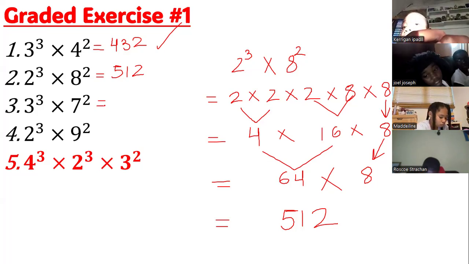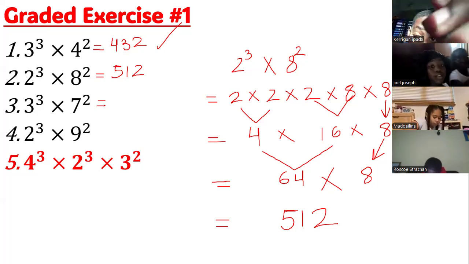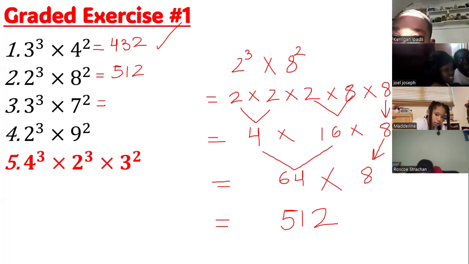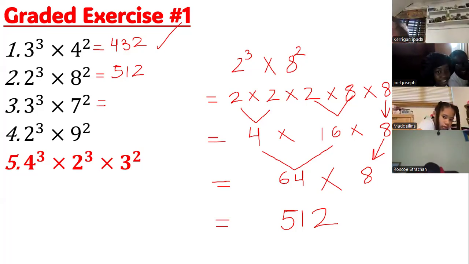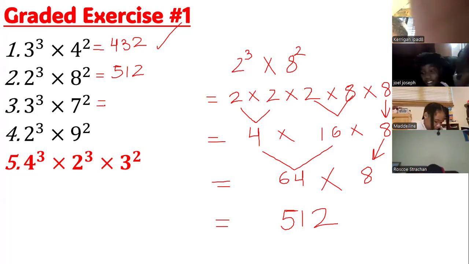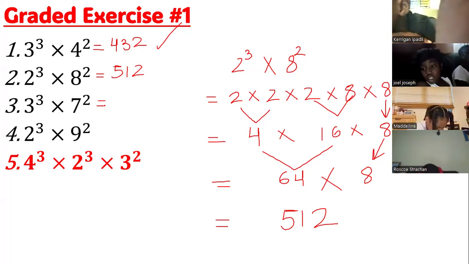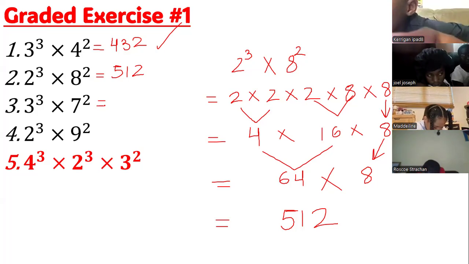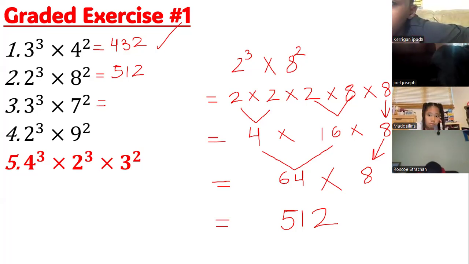All right. So we have 3 to the 3rd power multiplied by 7 squared.